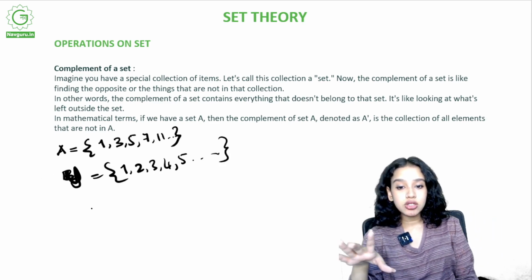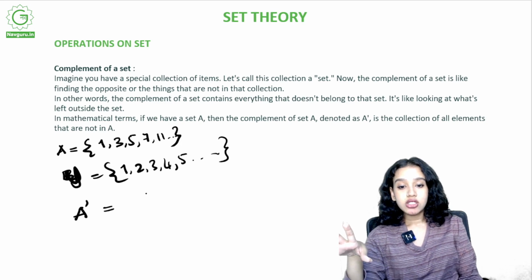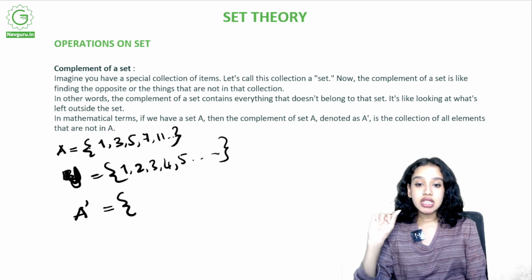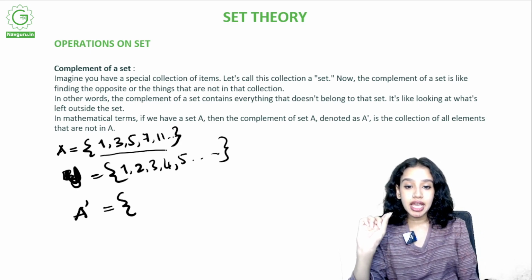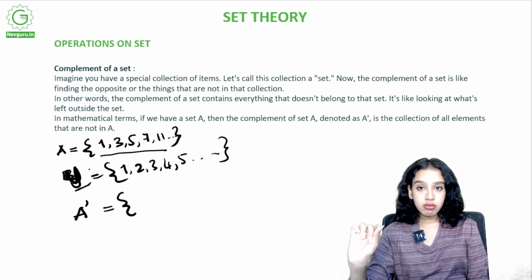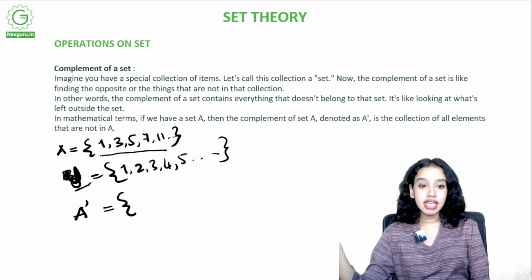Now, we denote the complement of a set by A complement. So what is A complement? A complement is the numbers which are not in A but in U. That is, the elements which are not there in the given set A but are outside A.